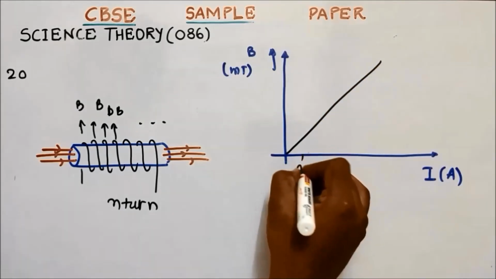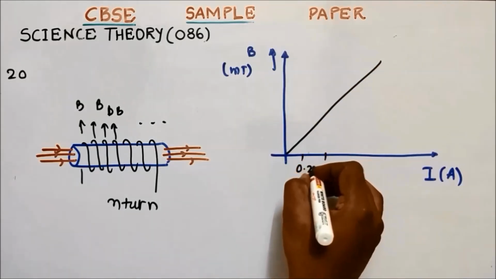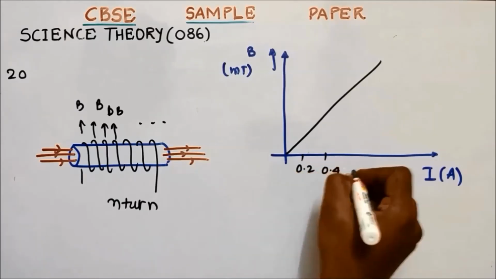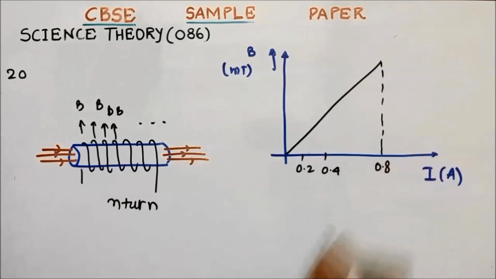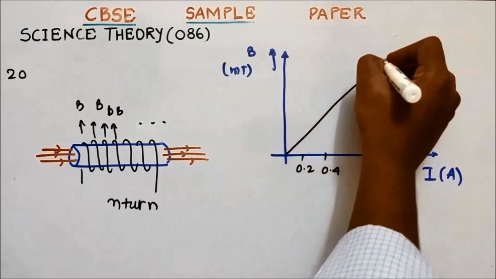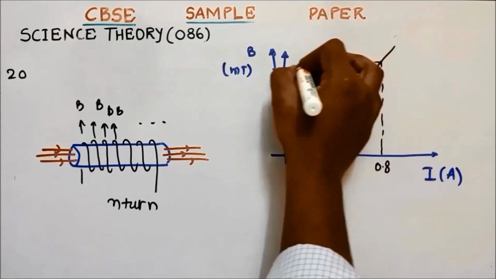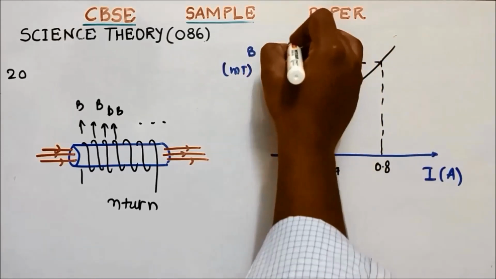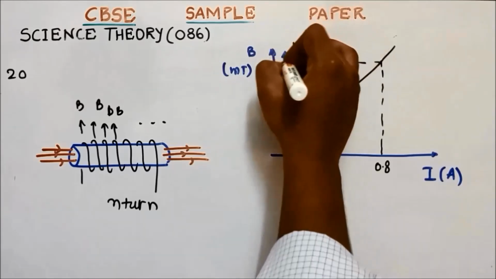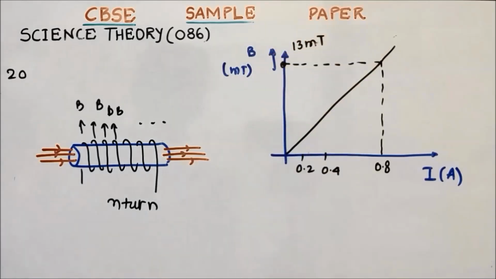You can see here 0.2, 0.4 and so on. So this is the point 0.8 according to the graph, and at the same time the corresponding magnetic field is 13 millitesla. According to the graph, the magnetic field is directly proportional to current, so the graph shows a straight line.